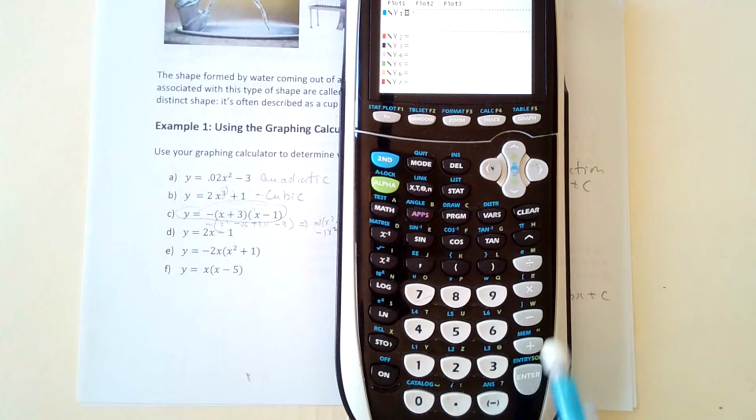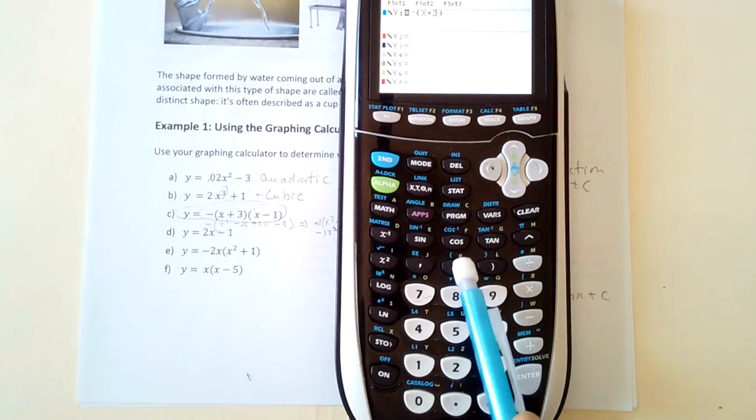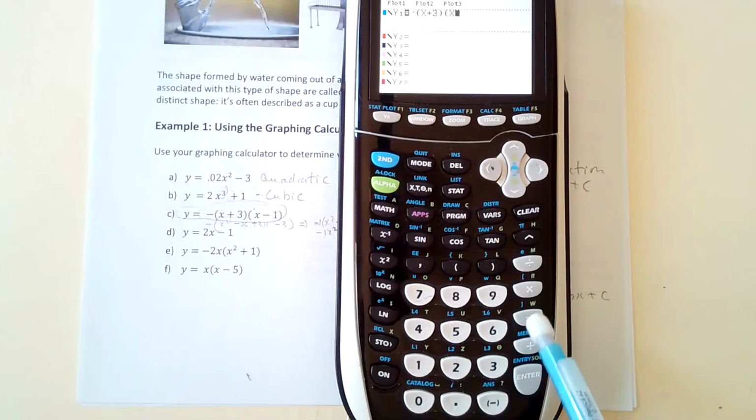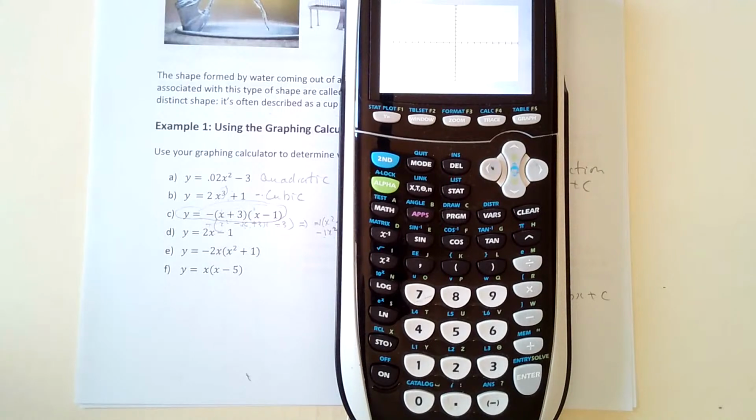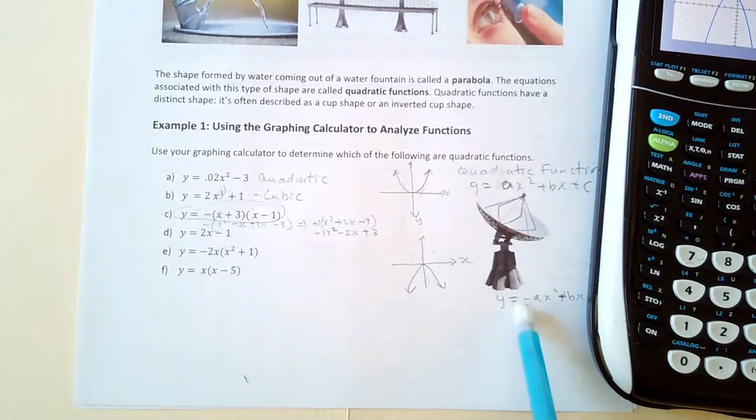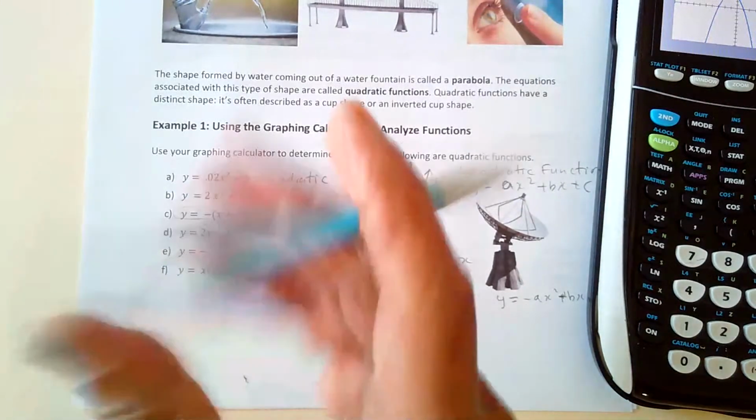So negative, open bracket, x plus 3, close bracket, open bracket, x minus 1, close bracket, and graph. And there it is. It's a quadratic function, and it's a negative. Remember I mentioned to you earlier, if it's going down, it's a negative. So we said this is a quadratic.